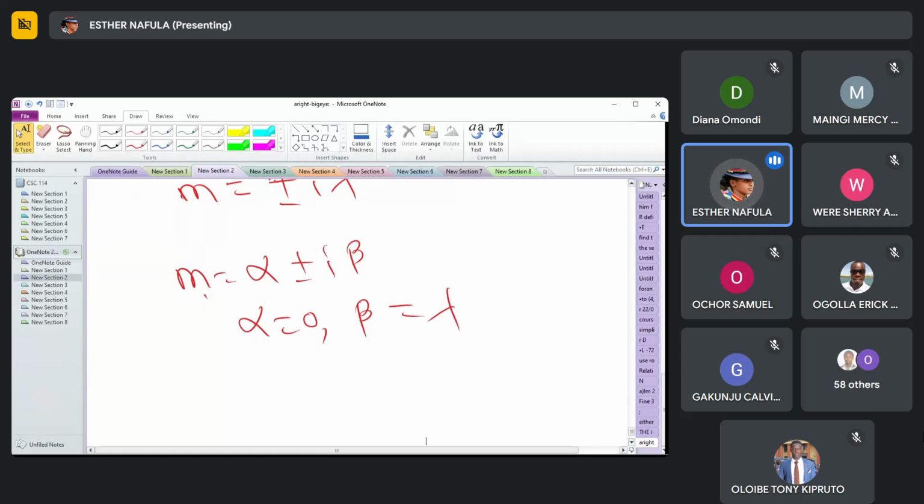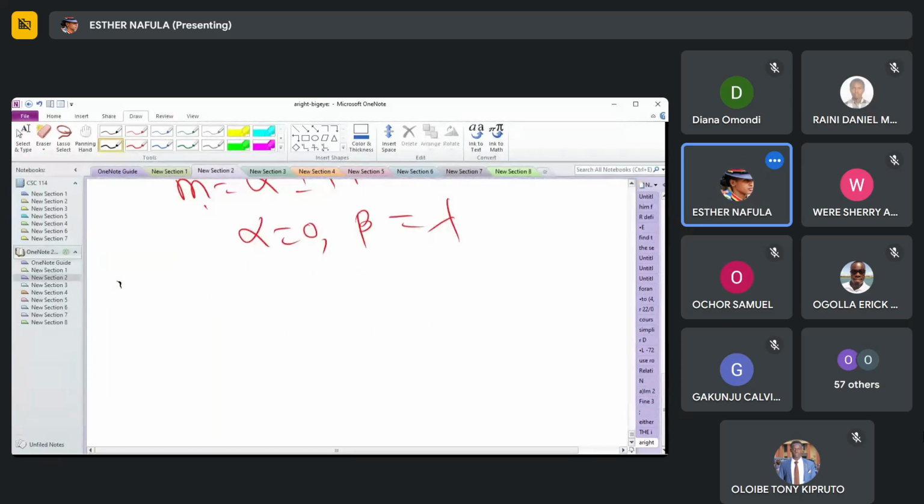The general solution for complex roots: we started this class by giving a summary of what happens if you're solving ax squared y double prime plus bx y prime plus cy equals 0, and the roots are complex in nature.